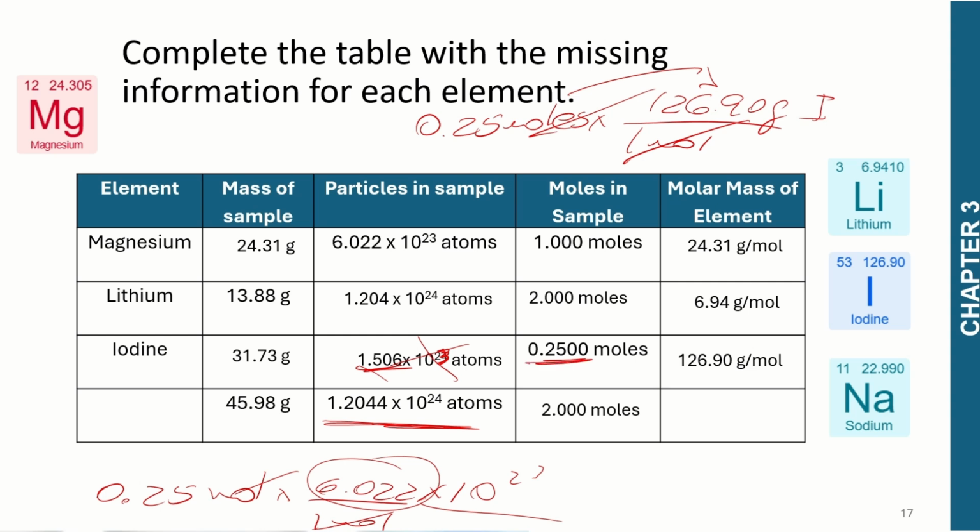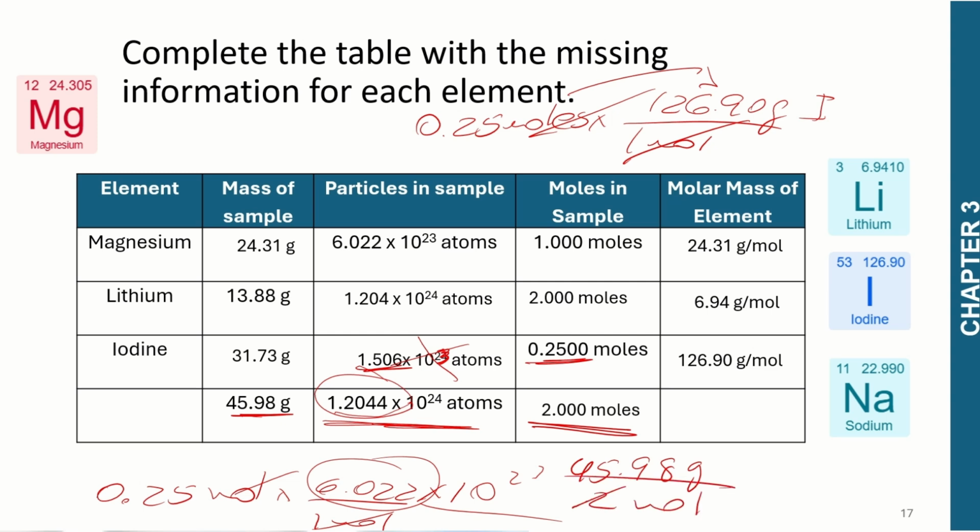Here we did the same thing, so I know that 1 mole is 6.022 times 10 to the 23rd. Here, if I have a double, I know that it has 2 moles. If I want to find the molar mass, I'm going to divide this by this, so it will be 45.98 grams per 2 moles.